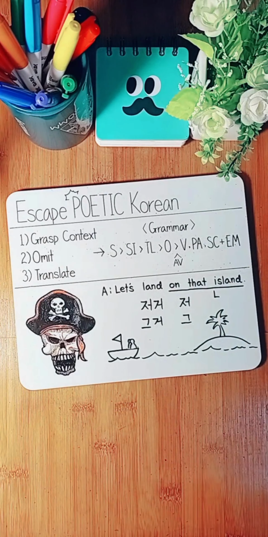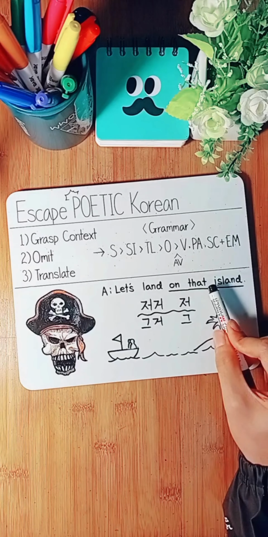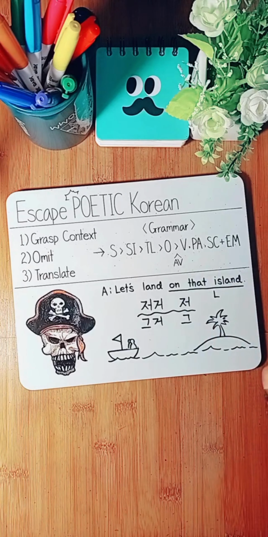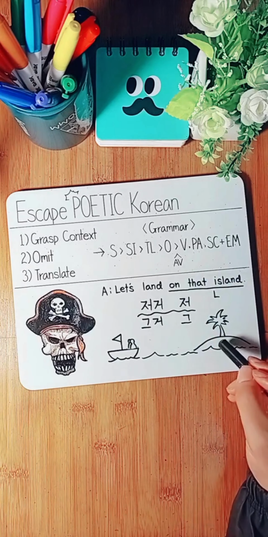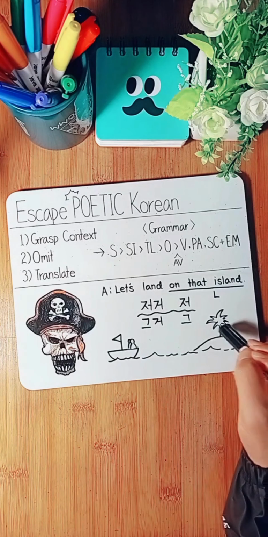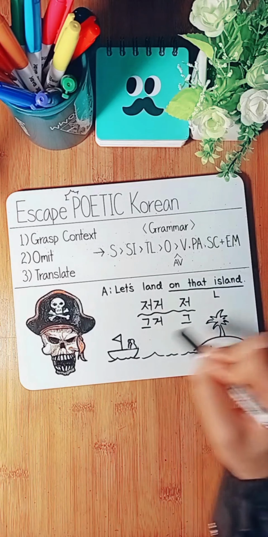So first of all, when would you use a version that starts with J? When whatever that is, that island in this case, whatever that is physically located almost roughly equally away from both the listener and speaker. So in other words, when whatever that is not significantly closer to the listener and it's not significantly closer to the speaker either.